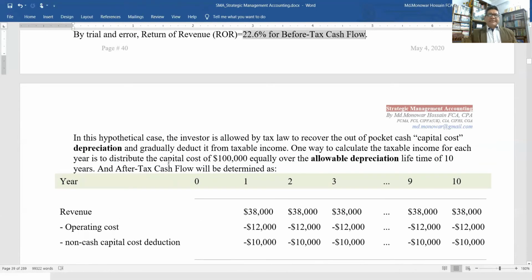In this hypothetical case, the investor is allowed by tax law to recover the out-of-pocket cash capital cost as depreciation, and gradually deduct it from taxable income. One way to calculate the taxable income for each year is to distribute the capital cost of 1 lakh equally over the allowable depreciation lifetime, 10 years. And the after-tax cash flow would be determined.